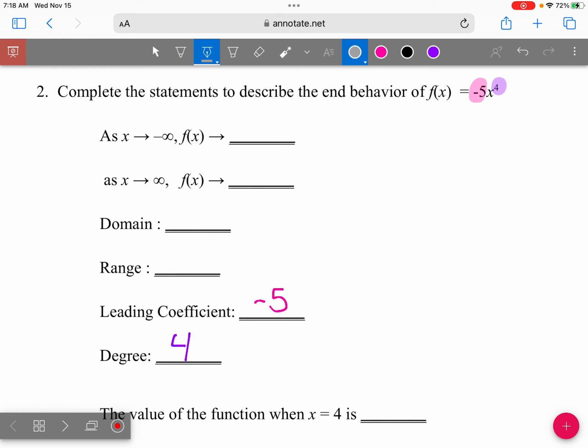So what we have here is that this is an even number, and this is a negative number. The leading coefficient, we care if it's negative or positive. The degree, we care if it's even or odd. An even negative has the same general shape as a frowny face parabola.